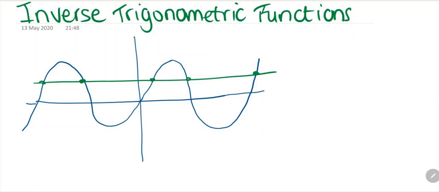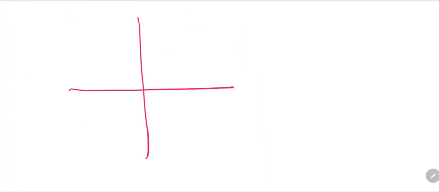So what we need to do is to limit the range. We can do this by just taking part of our graph. So if we do that, let's redraw it. If we take it, it's going to look something like this.